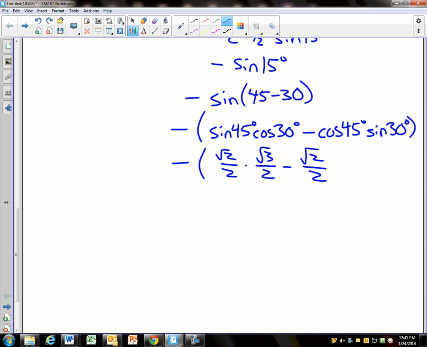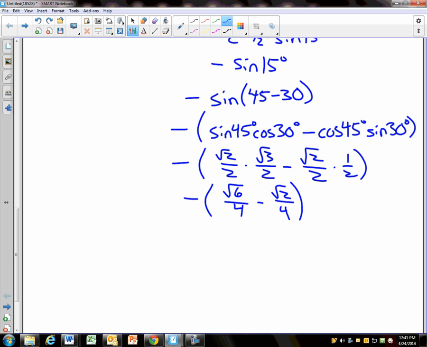Root of 2 over 2, that's where sine and cosine are the same, times sine of 30, a half. What do you get in the top? What do you get right here? Very good. Minus the root of 2 over 4.